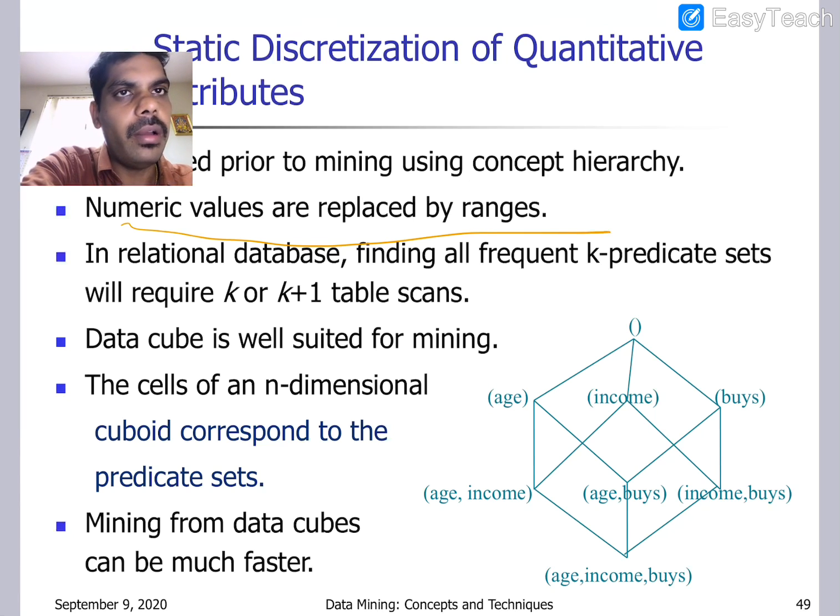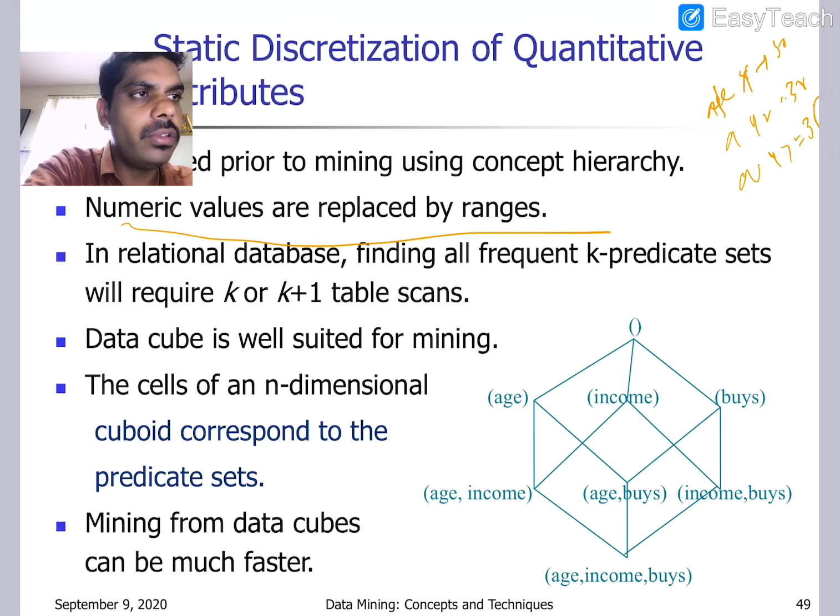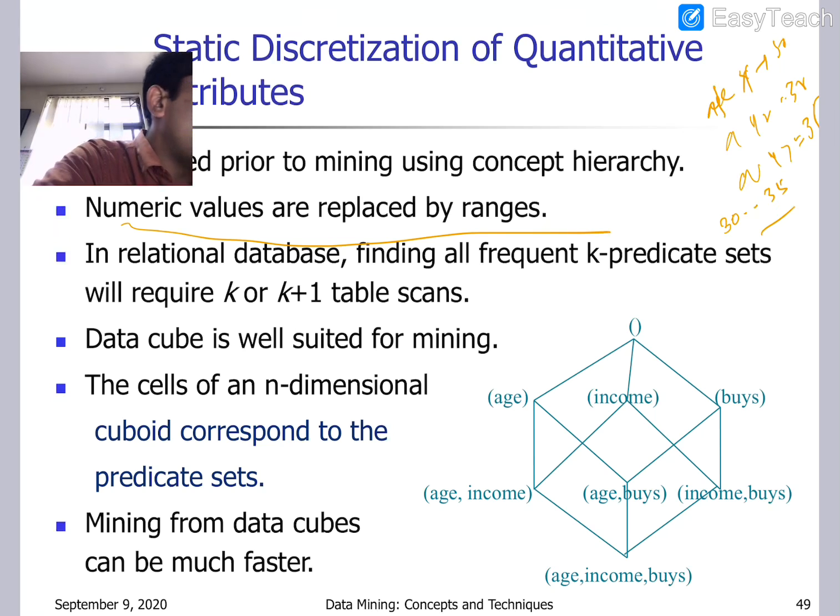Suppose age of X is 30, X1 and X2 is 32, X3 is 35; we consider 30 to 35. The persons in our criteria range between 30 and 35. Like that we can specify the range.